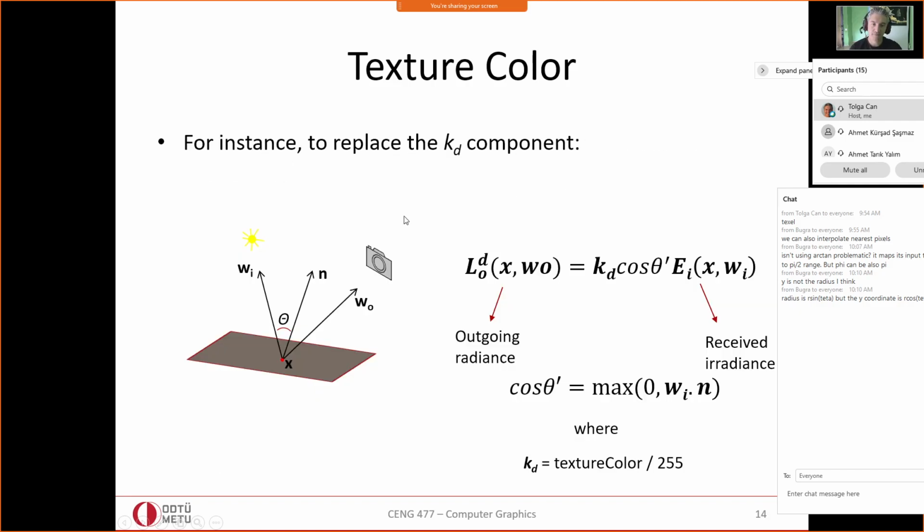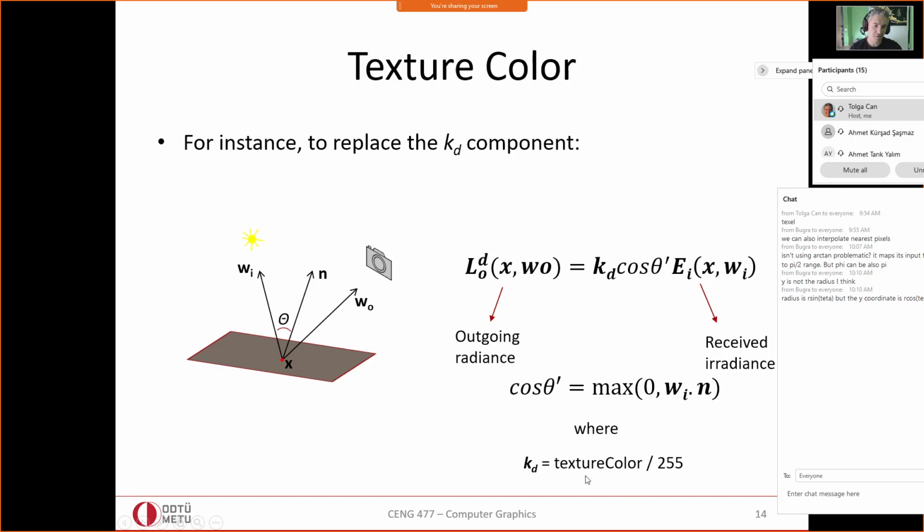Changing the diffuse reflectance coefficient is just, instead of using this KD, we just use the texture color. Since the texture colors are between 0 and 255, and KD values were between 0 and 1, we can simply do a floating point operation here.